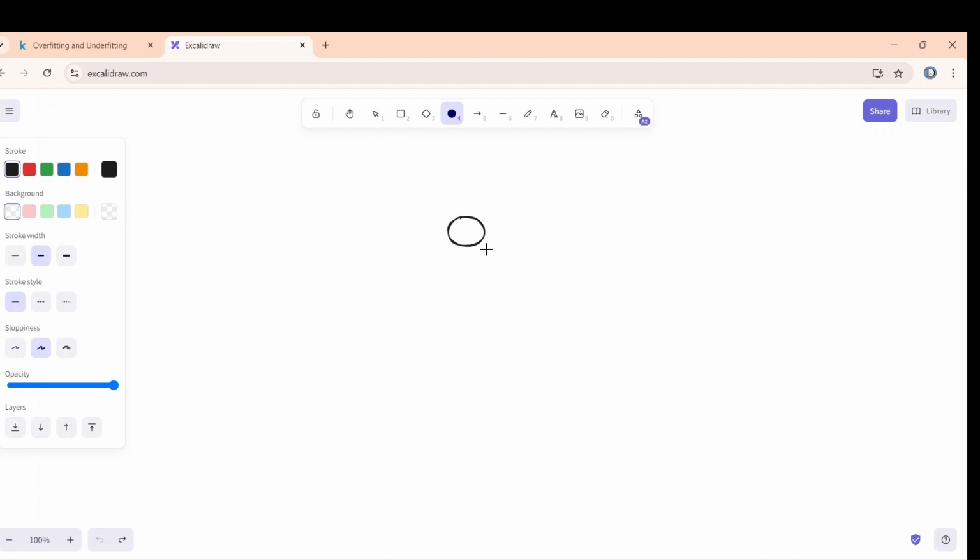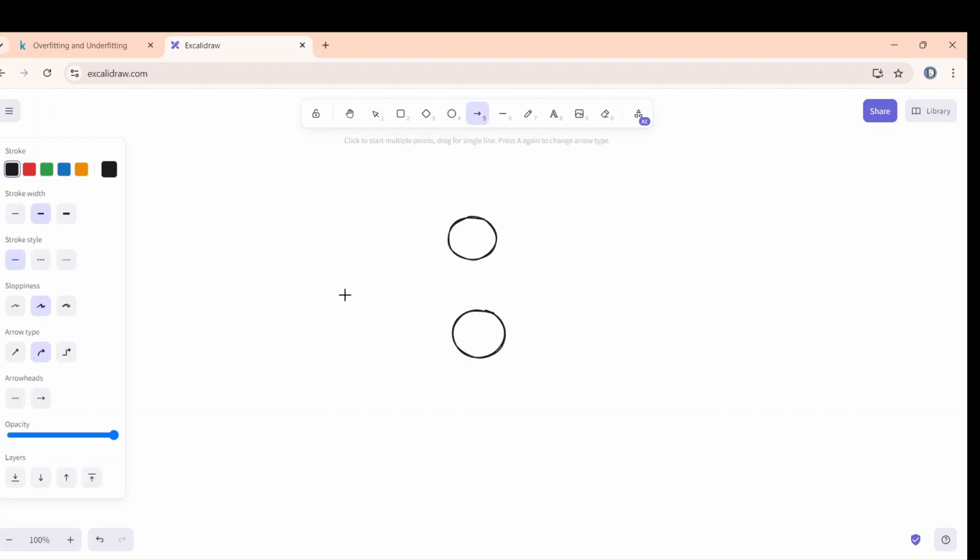First, let's imagine that you have a neural network with two layers and you have two inputs. First input and second input.